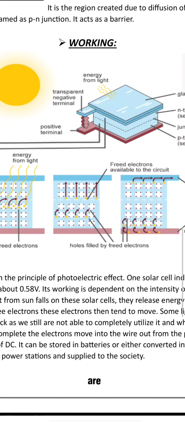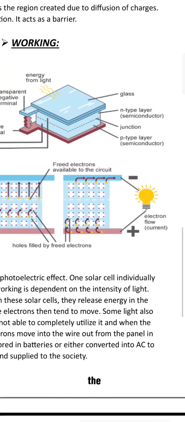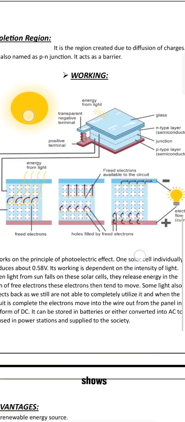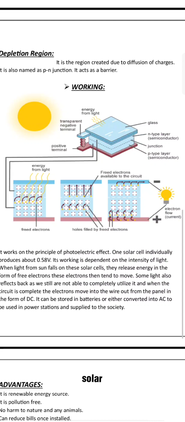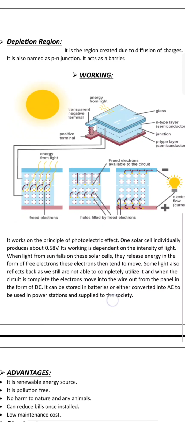Photons are generically considered as energy. So when photons create these free electrons, they move to the negative terminal of the device you're going to use, either a battery or whatever it is. This diagram simply shows how a solar panel works.